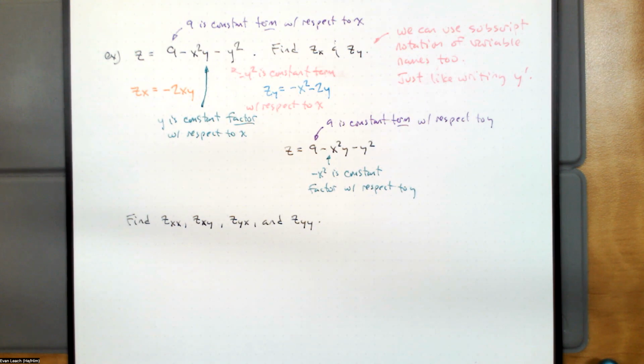I am making you guess as to what these mean, and you have to guess why there's four things that I want. I want zxx, zxy, zyx, and zyy. So please take a minute or two and find these four things that I haven't even told you what they are. Guess what they are, then find these things.